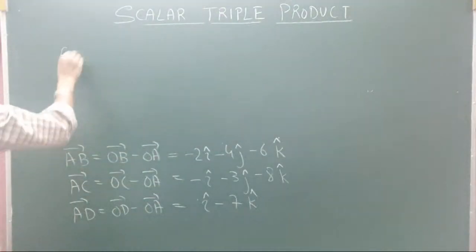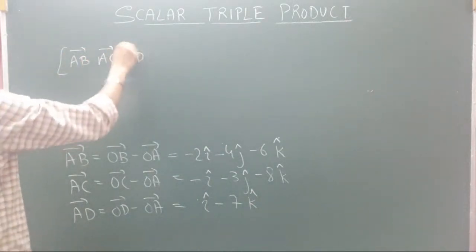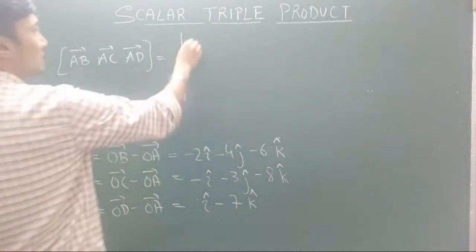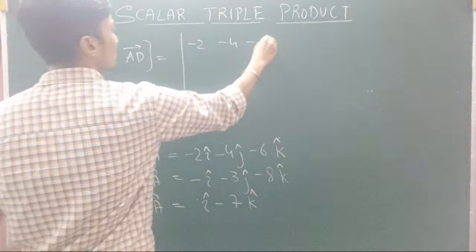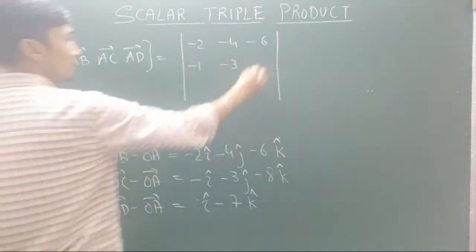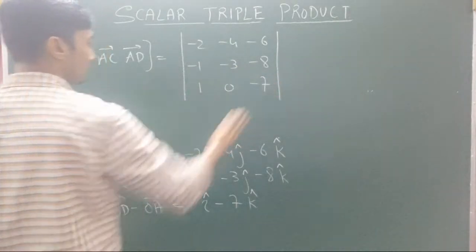We have to prove that they are coplanar, so let's find out the scalar triple product, that is AB, AC, AD. Determinant: minus 2, minus 4, minus 6; minus 1, minus 3, minus 8; 1, 0, minus 7.